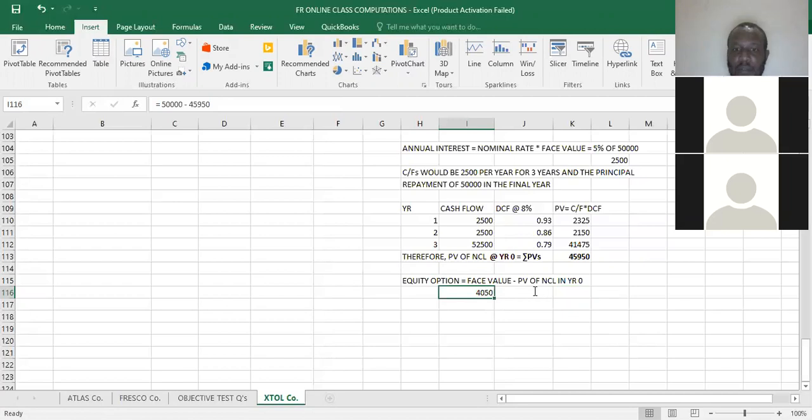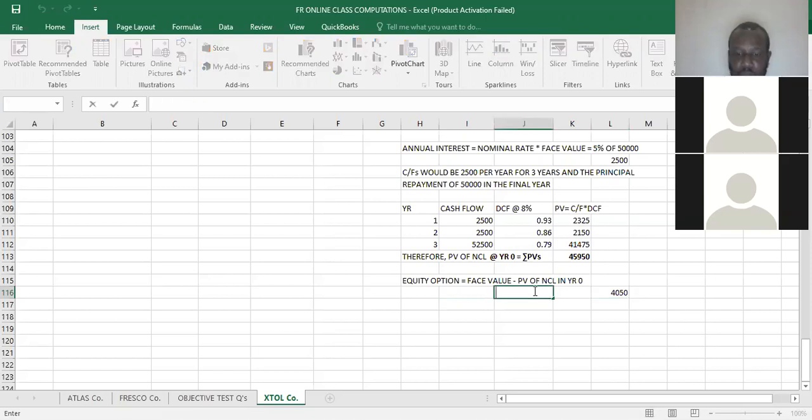So let me carry this. Let me shift this a little bit forward. So let me put it there. So I can say that that is equal to 50,000 minus 45,950. Okay, so I'd rather have this not here.